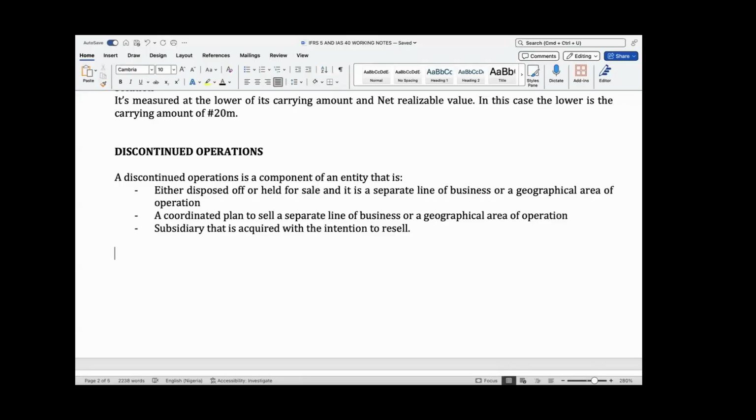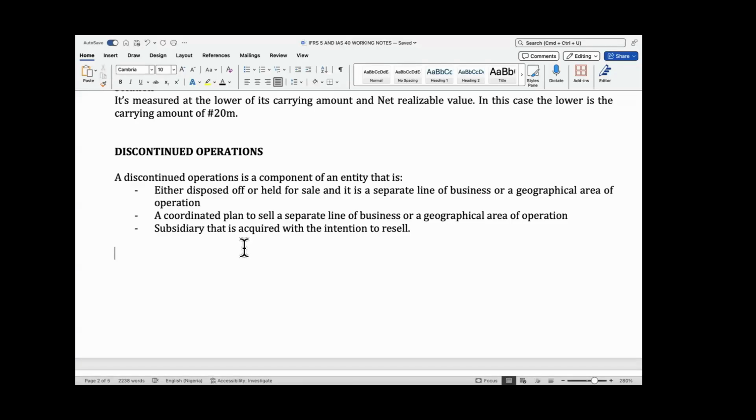This one is a company, that one is goods or services. Discontinued operation is a company you want to sell. Inventory is goods or services you want to sell. They are different now. Okay, sir. But since you said in your explanation that intention matters, that's why I just brought it up. Thank you, sir.